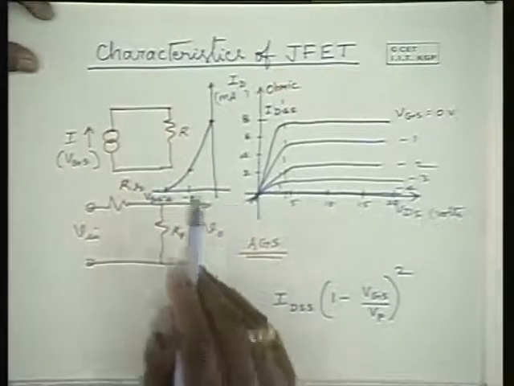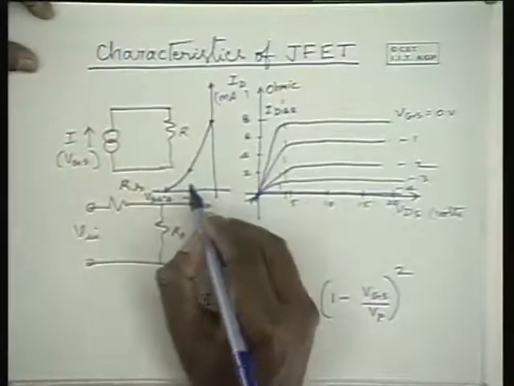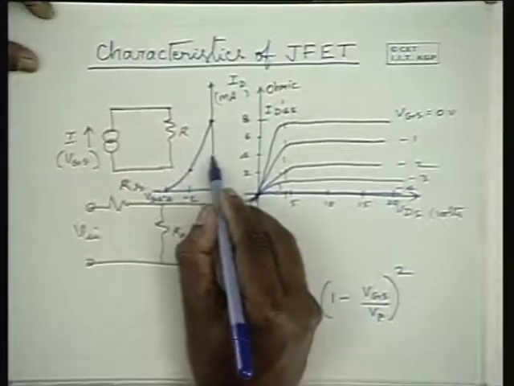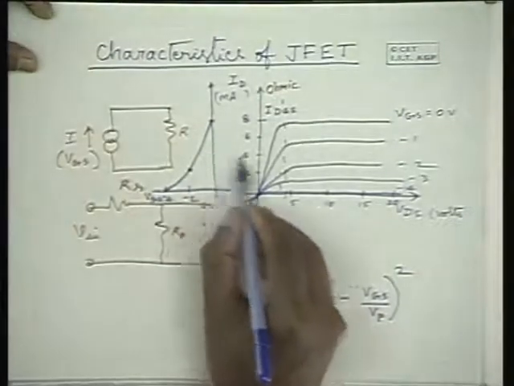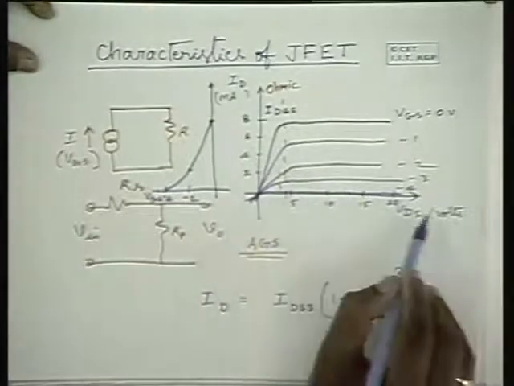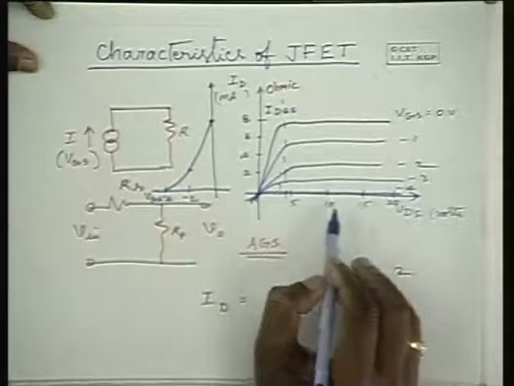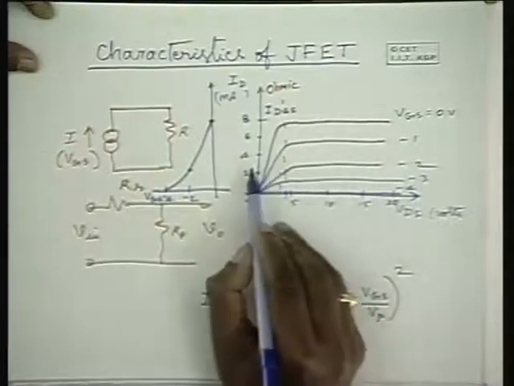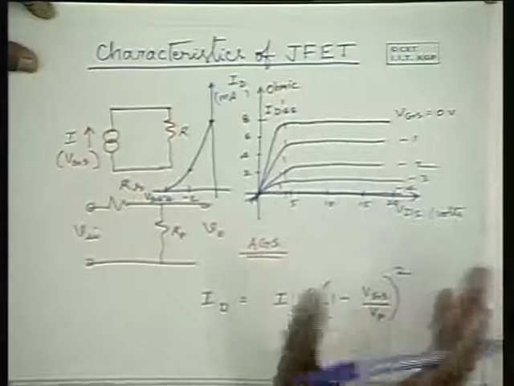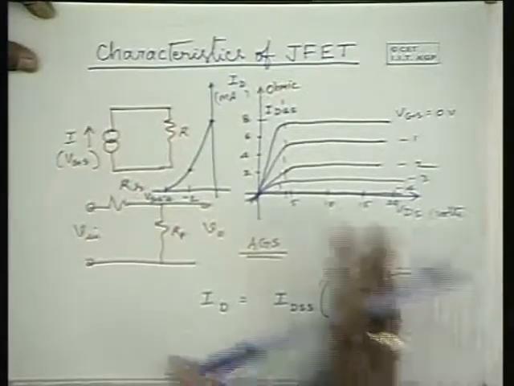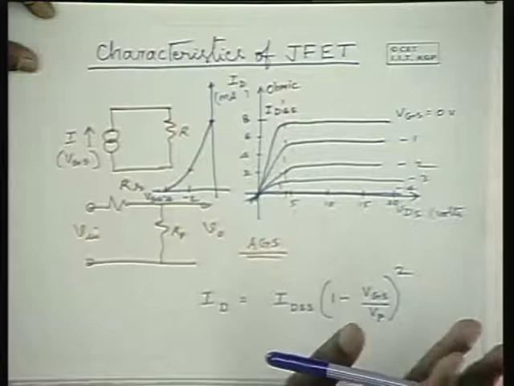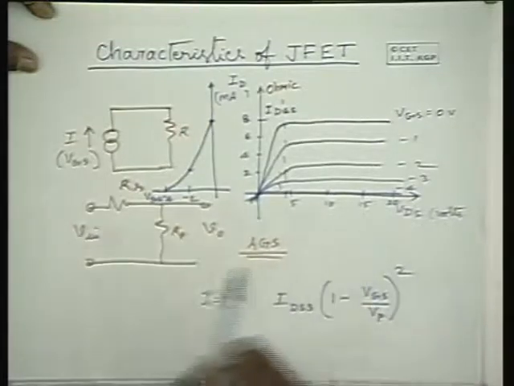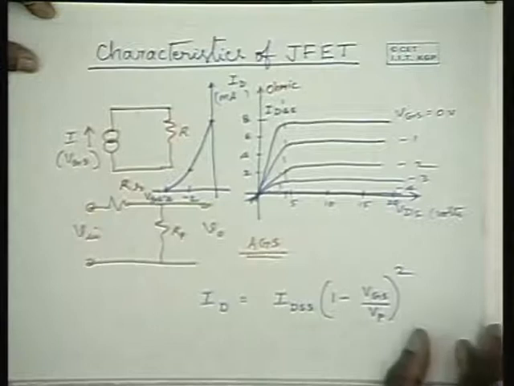It's because it is between an input quantity and an output quantity. Now once VGS is given, for a particular VGS, ID is fixed. So once ID is fixed, depending on the supply voltage, you will have that particular VDS and ID point on these characteristics. Okay, so VGS defines ID in this particular case.